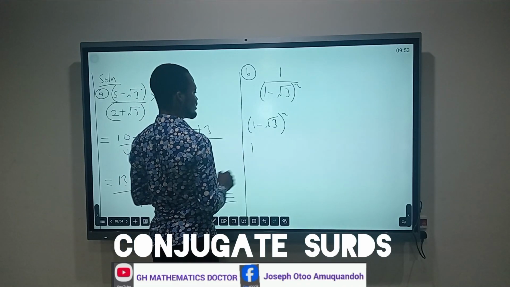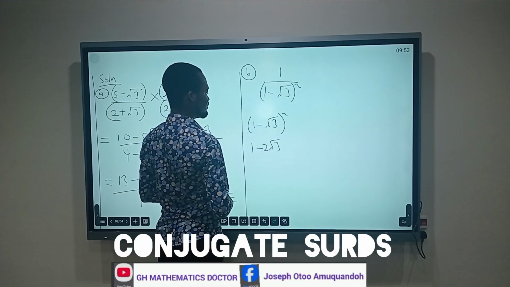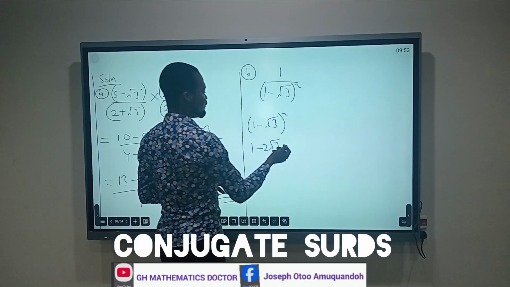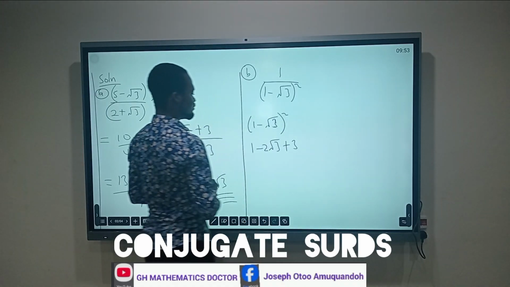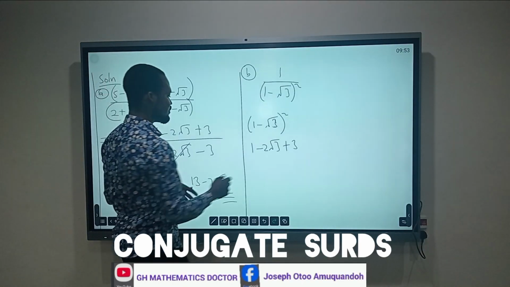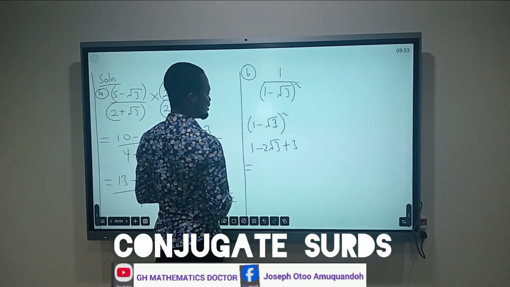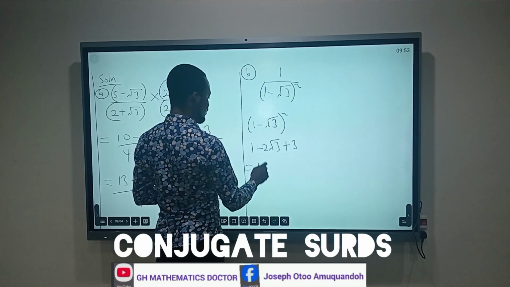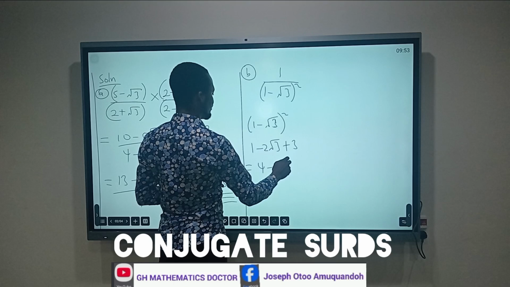We use the Pascal triangle to expand this. We have 1 minus 2 root 3, then here we have plus 3. So that is the expansion. Then we simplify. 1 plus 3 will give you 4, then minus 2 root 3.